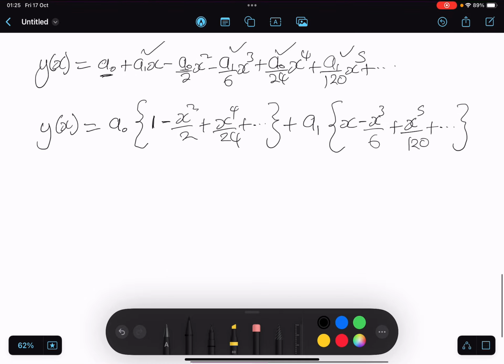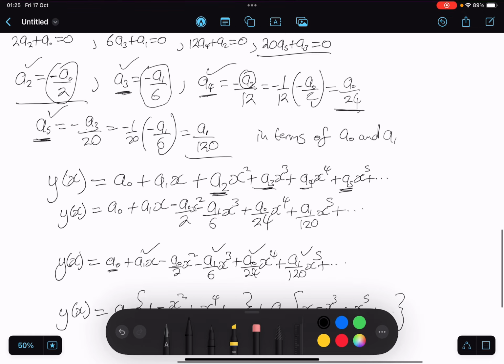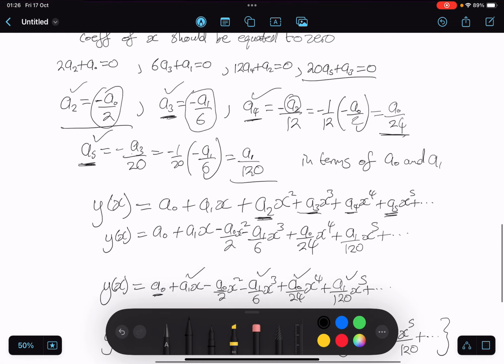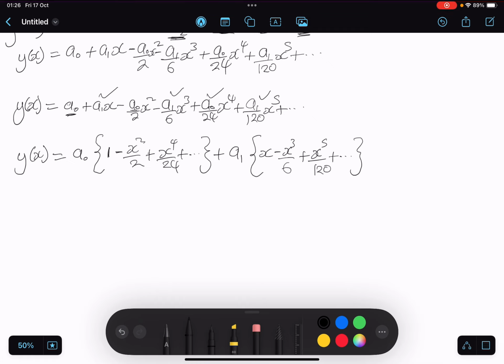And then now you have represented the series solution of this differential equation.